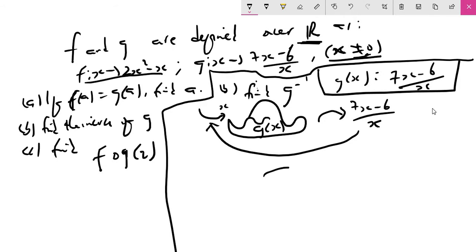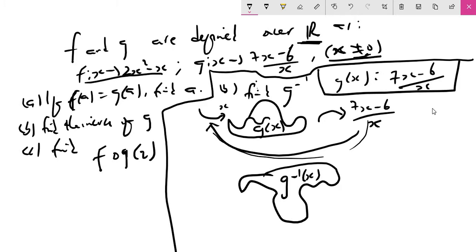It basically undoes what g did. So we call this g inverse of x. It takes this and then undoes it and brings back x. So that is the meaning of finding the inverse.